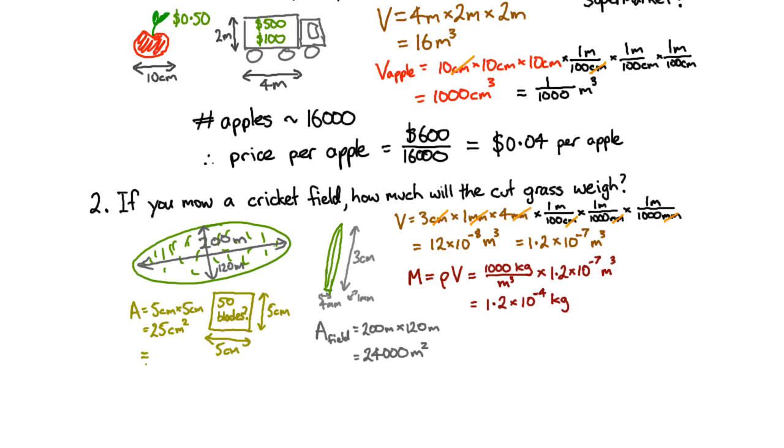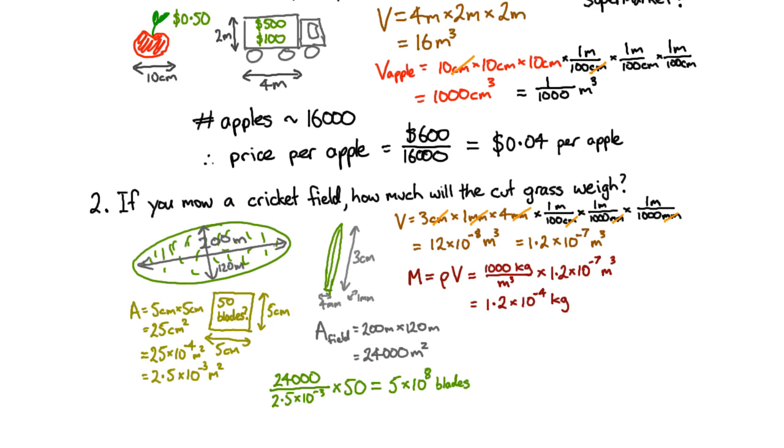So I'm going to get a factor of 100 from the centimeter and then another factor of 100. So it's going to be 25 by 10 to the minus 4 square meters, which in the more normal way of writing it is 2.5 by 10 to the minus 3. So if I have 50 blades of grass in this amount of area, then in that amount of area I'm going to have a really very large number of blades of grass.